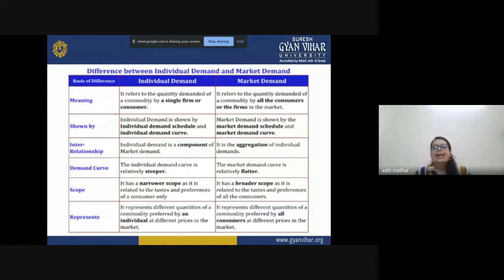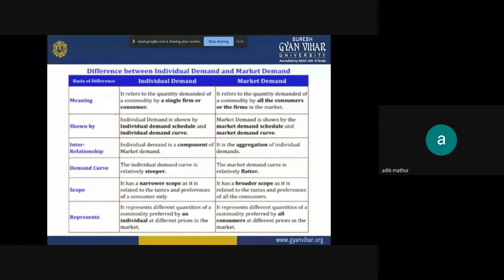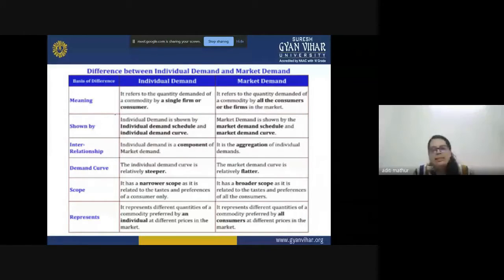The individual demand curve is relatively steeper, whereas your market demand curve is flatter. Why? Because different quantities are added, so it becomes flatter.